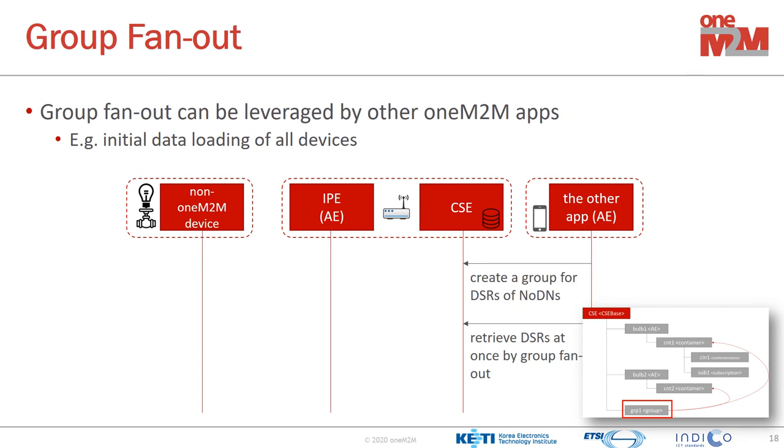Of course, just like the application developer guide, we can leverage the group fan-out feature. The user application can create a group for different devices if we wish to control them all together.